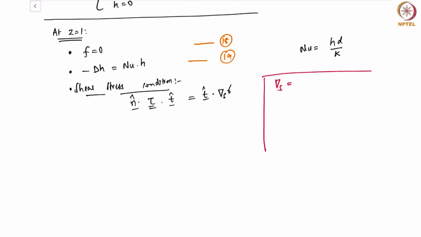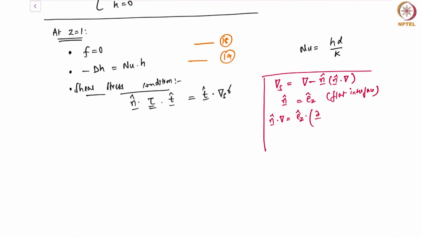The surface gradient operator can be defined in terms of the regular gradient del minus n hat of n dot del. And remember that my n is nothing but, it's a flat interface, so it's just the vertical unit vector, n dot del, and therefore essentially becomes Ez dot the del operator.